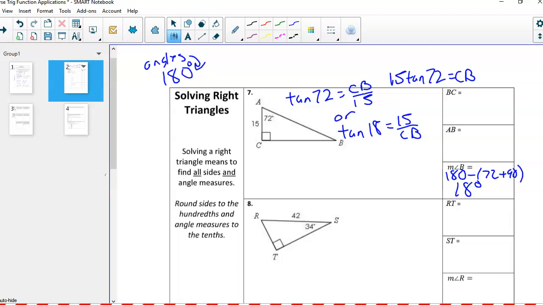Our sides we're going to round to the hundredths. What would BC be? 72.